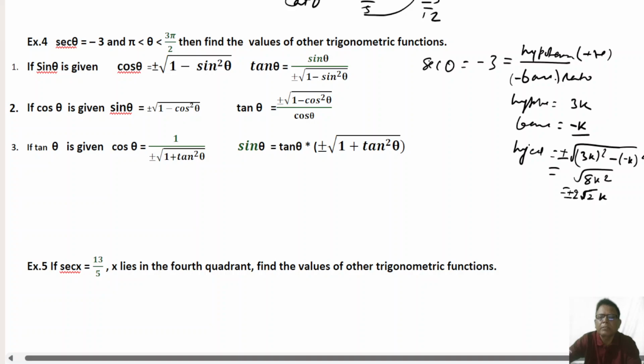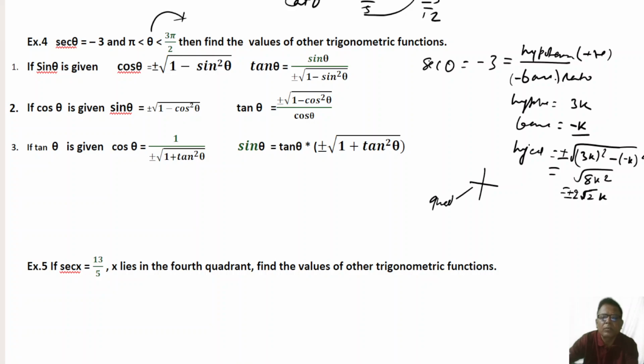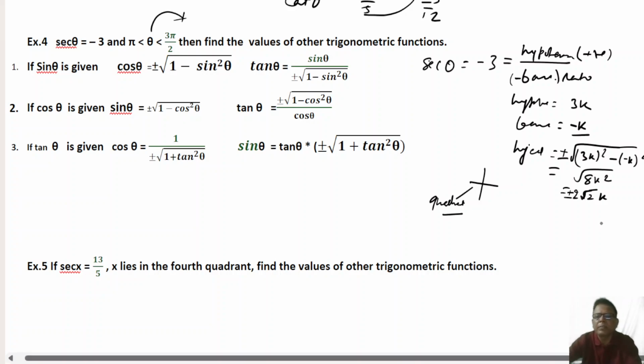Whether you take plus or minus depends upon where theta is lying. So here theta is lying in which quadrant? This quadrant. That means height will be negative, so you have to take minus 2 root 2k.